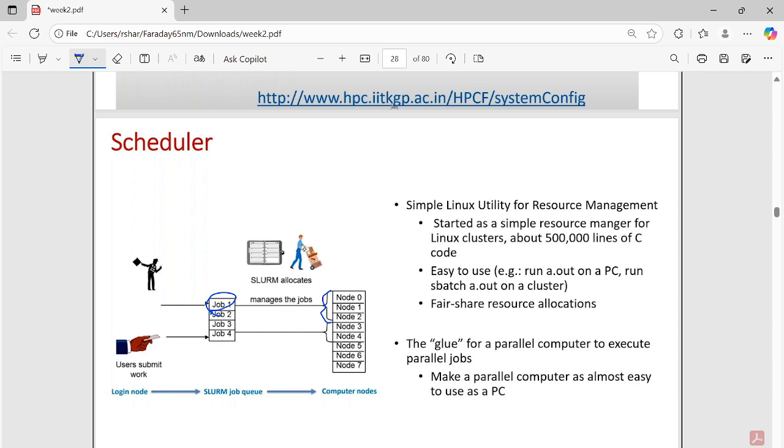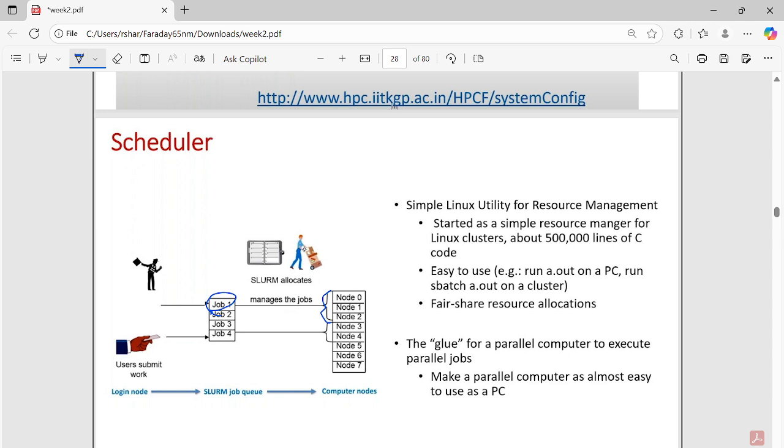The user comes to the cluster and submits a job, and there will be multiple users. Every user submits a job, and each job contains how many nodes it needs.